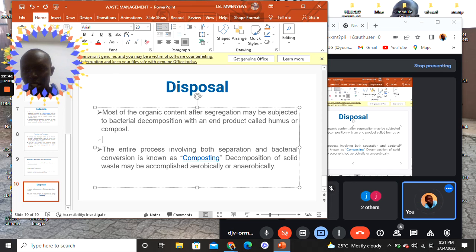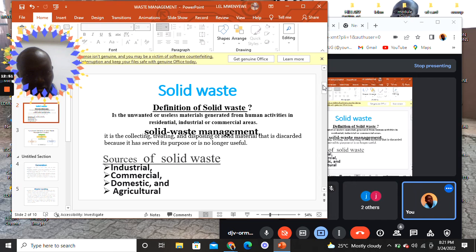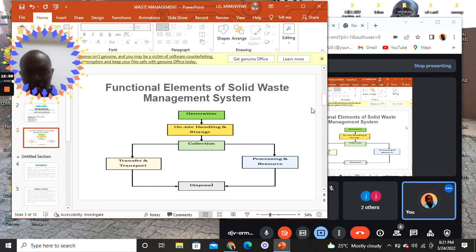Anyone with any concern or any question before we look at the summary? If there's no question, the fundamental elements that we've studied today are five steps.